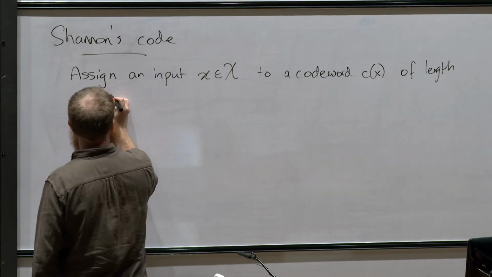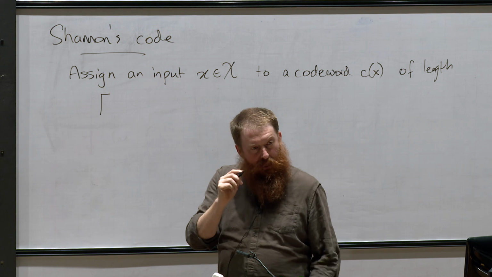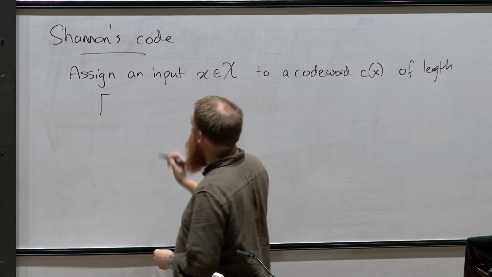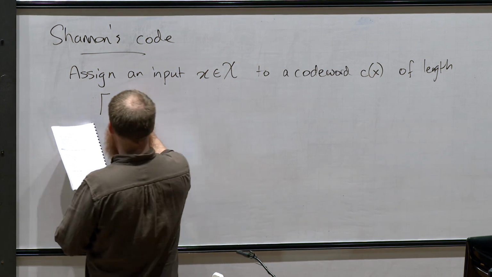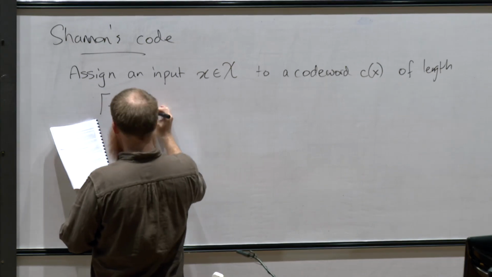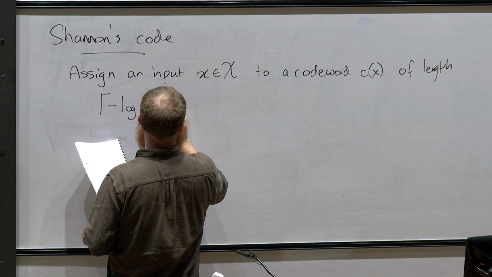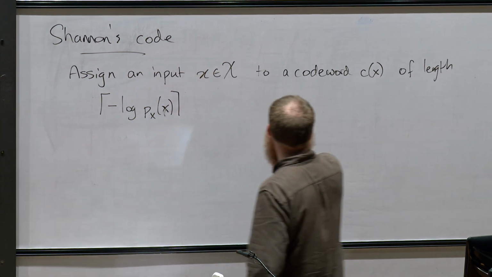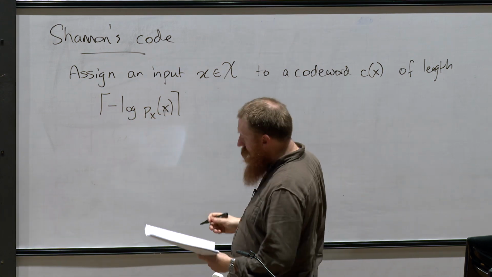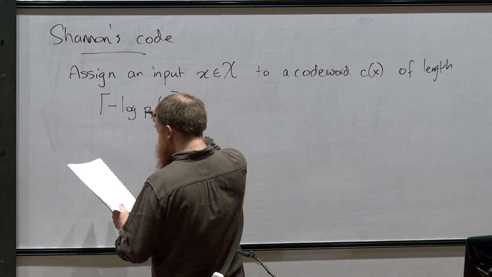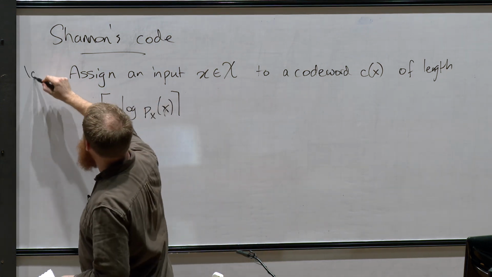Well, we remember how we proved the Kraft-McMillan inequality, and we said we need enough digits, so it's minus log p_X of x. So if we'd sorted our inputs, we know that this is enough digits. If we've got a code word of this length, this is the idea.